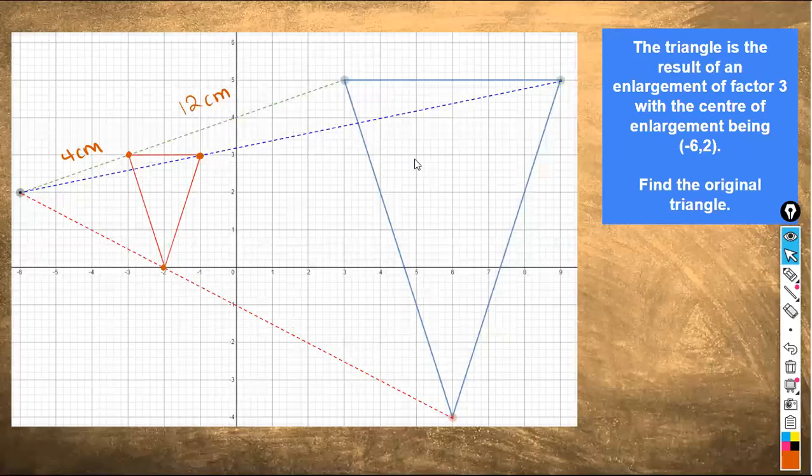Right? And for those who didn't understand the first example, when you were enlarging it by a factor of 2, you would find half the length of the line. If the enlargement is a factor of 3, you find 1/3. If it was an enlargement of factor 4, you would find 1/4. And I think you all get the idea now. Right? The direction of the line is from the center of enlargement towards the larger triangle.